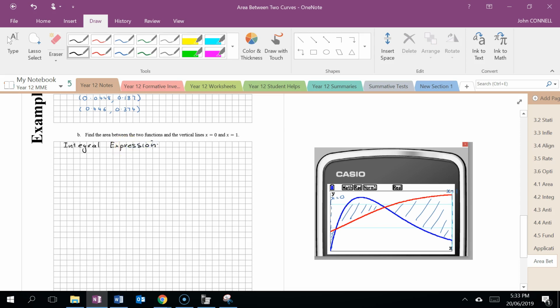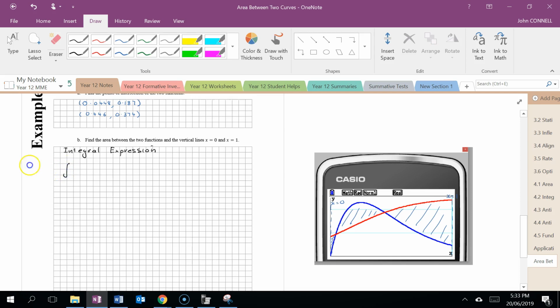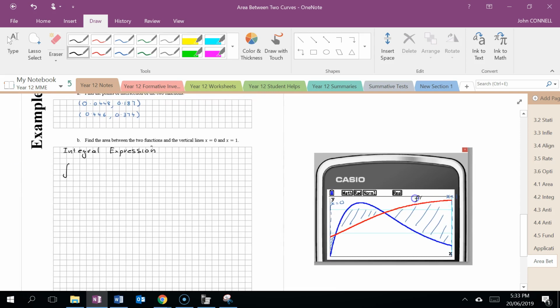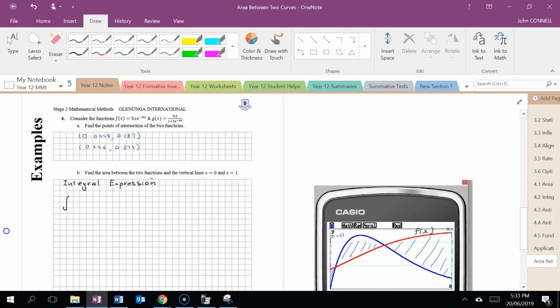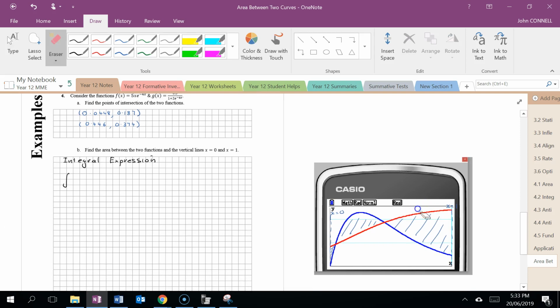So the integral expression would be the integral, and I'm going to call the red one g of x, and the blue one is f of x. So the integral expression would be from 0 to the first intersection point, so 0.448. And the red one's the upper one, so it's g of x, take f of x.